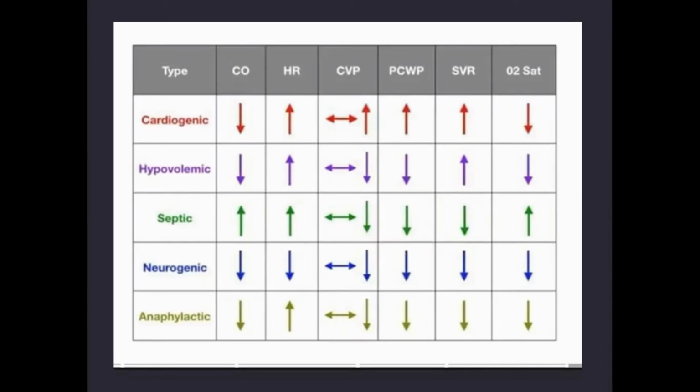Actually, in cardiogenic shock there is low cardiac output, which results in a decrease in blood pressure. And we know that whenever there is decreased blood pressure, there is a phenomenon called reflex tachycardia. That is a compensatory mechanism, and reflex tachycardia results in an increase in heart rate. Central venous pressure is either unchanged or increased. Now, pulmonary capillary wedge pressure is increased.